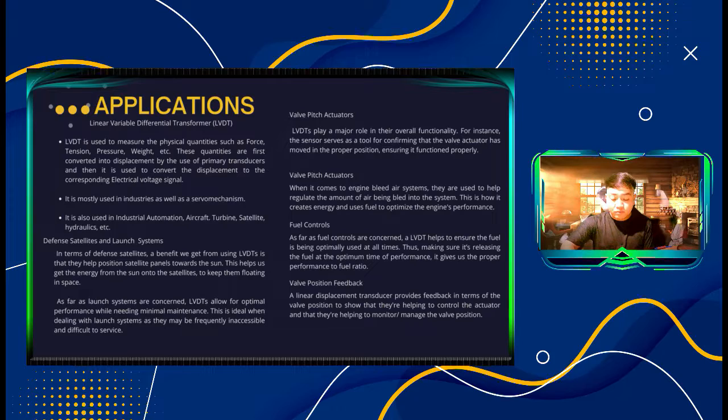In terms of defense satellites, a benefit we get from using LVDTs is that they help position satellite panels towards the sun. This helps us get energy from the sun onto the satellites to keep them floating in space. As far as launch systems are concerned, LVDTs allow for optimal performance while needing minimal maintenance. This is ideal when dealing with launch systems as they may be frequently inaccessible and difficult to service.